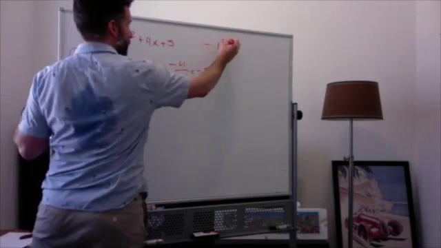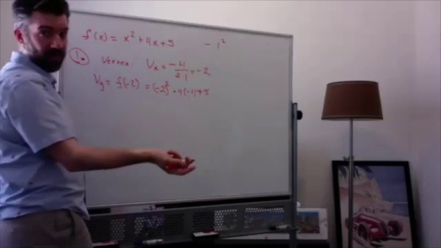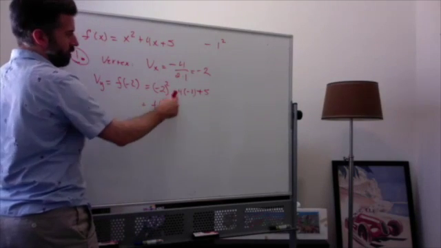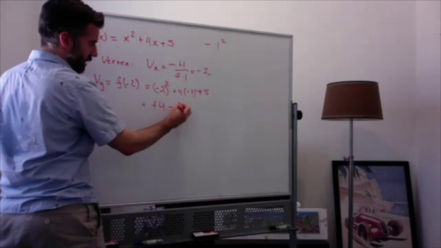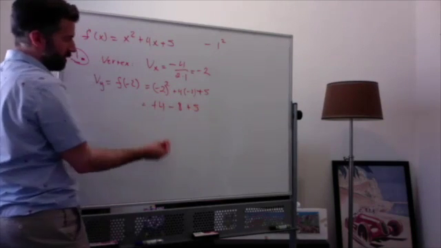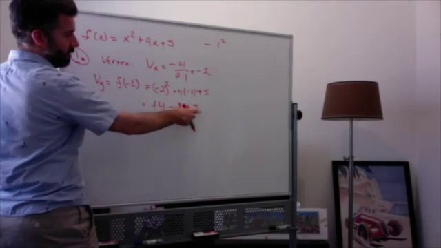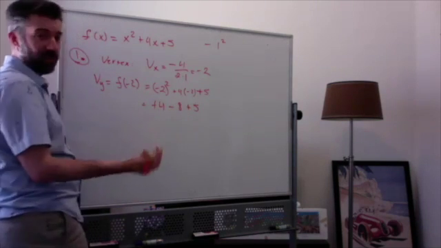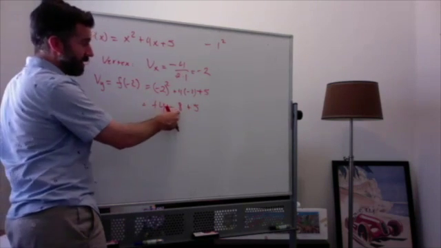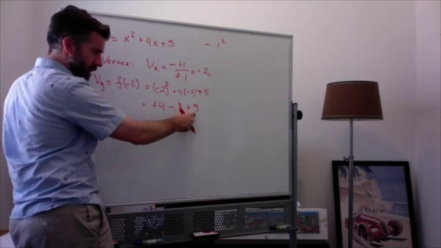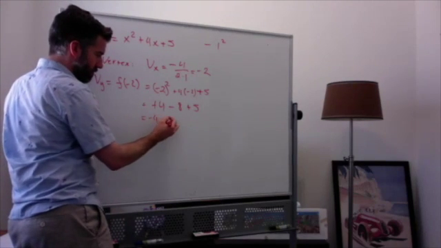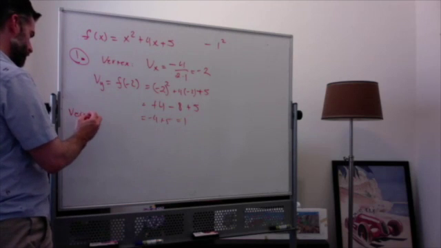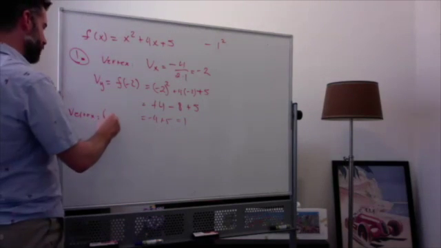Before it was 1 squared and then the negative of that. So here you're going to get positive 4, and then 4 times negative 2 is minus 8 plus 5. 4 minus 8 is negative 4, plus 5 is negative 9. Let me try that again. 4 minus 8 is negative 4, plus 5 is positive 1. My vertex here is negative 2, 1.